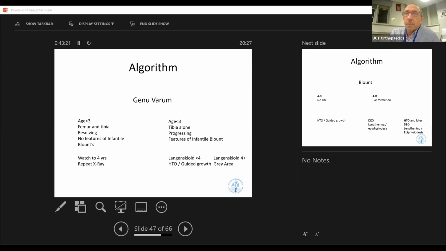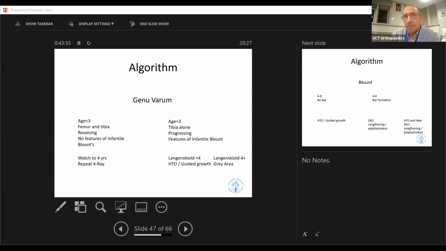The other potential is to do guided growth. And what are we doing here? We would now be creating the Hueter-Volkmann effect laterally, slowing down the growth on the outside, allowing the inside to catch up and eventually slightly overgrow, throwing the axis into slight valgus and keeping the medial physis protected. What's the disadvantage? Well, we don't address rotation.